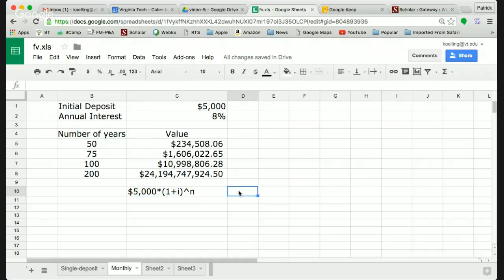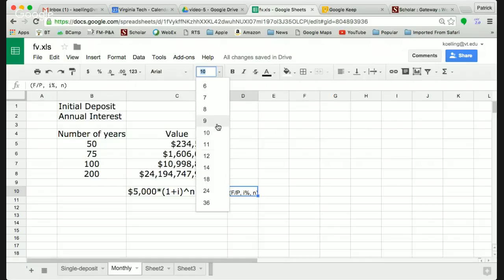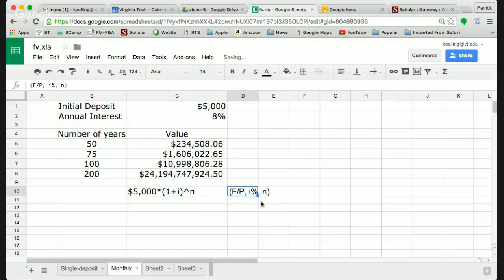In the notation of the textbook, this is F given P, i% for n periods.